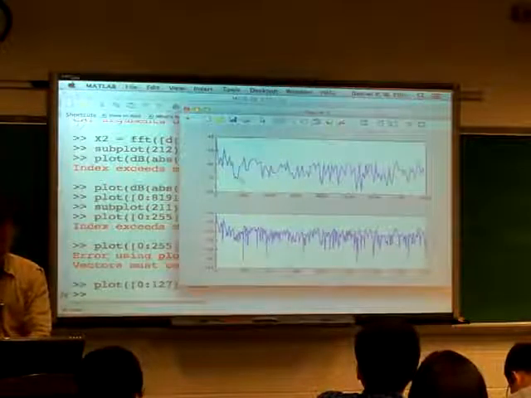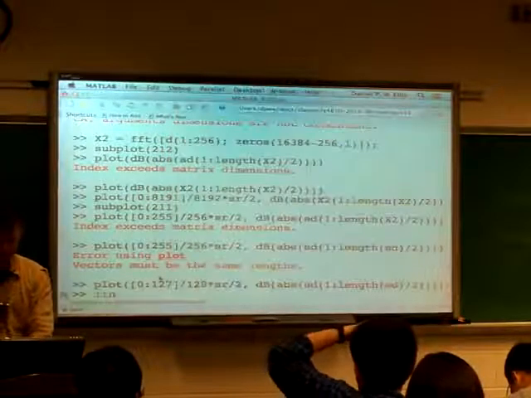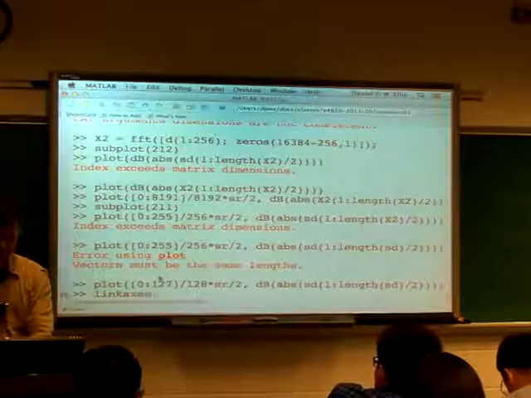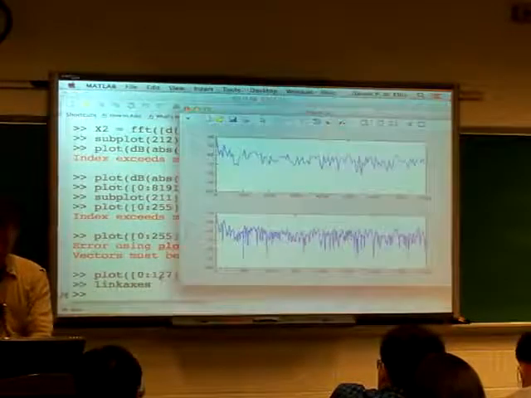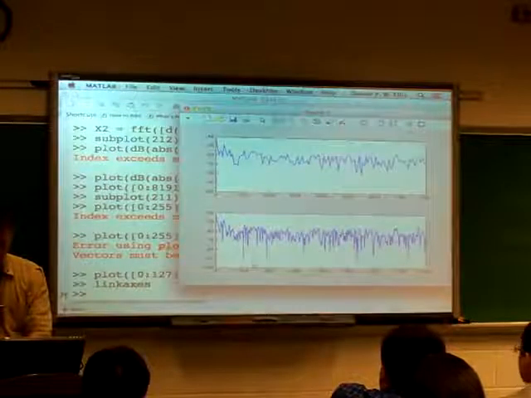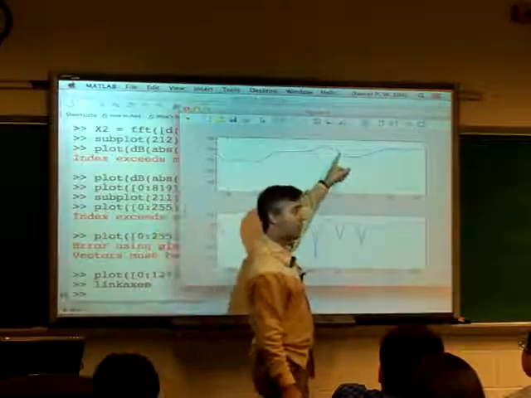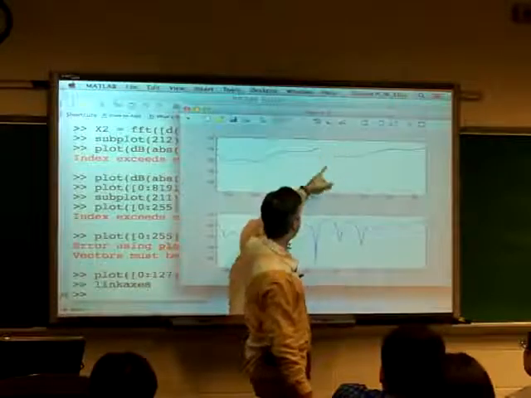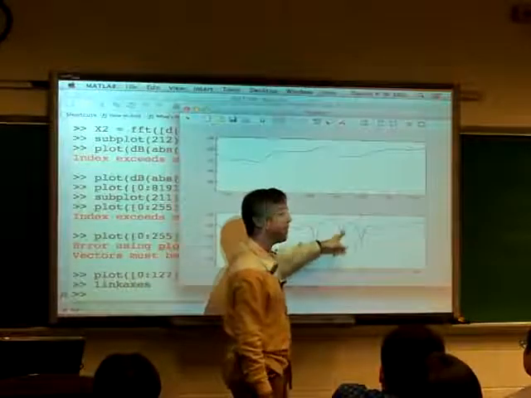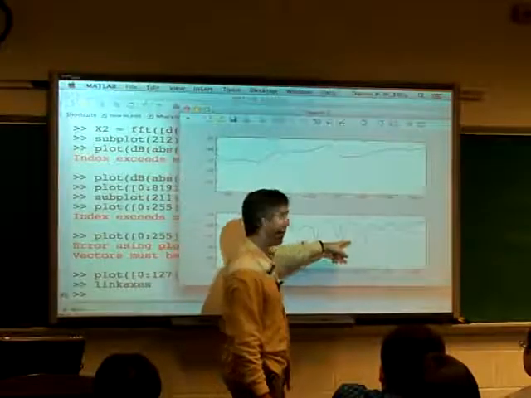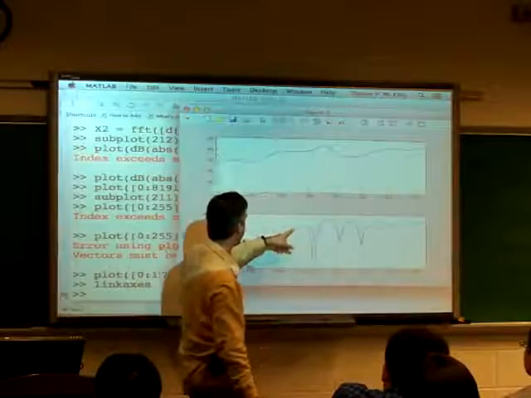Okay, now they're on the same frequency axis. If I link axes so they scroll at the same time and zoom right in, you can see how these individual kinks have now been rounded out. Basically I've oversampled this DFT domain. I've sampled it much more carefully.